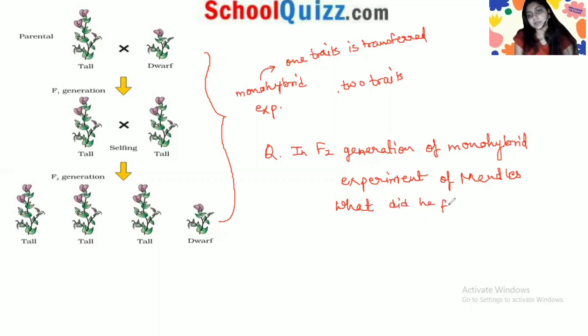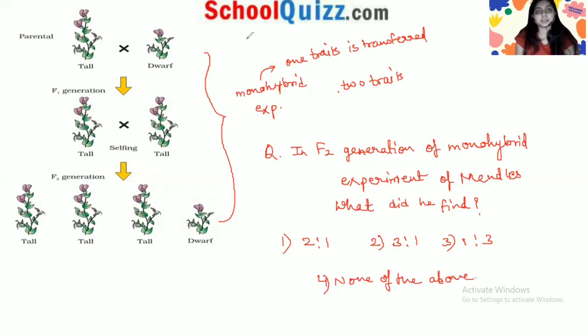You have the options: option 1, 2:1; option 2, 3:1; option 3, 1:3; option 4, none of the above. So the question is asking, in the F2 generation, what did Mendel find?